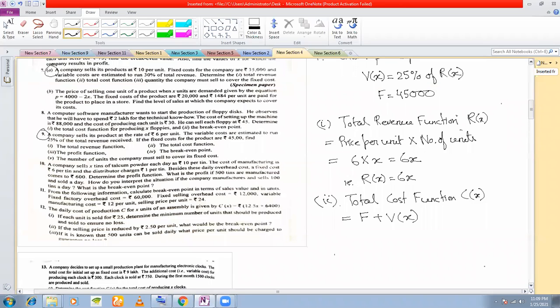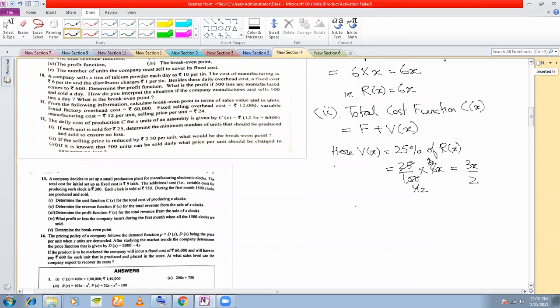Do you remember or not? What is the variable cost here? Variable cost is 25% of total revenue. So 25% of what is the total revenue function? We have found out 6x, right? So you cancel this with 3 and you cancel this with 2. You get 3x by 2. So your variable cost is 3x by 2.